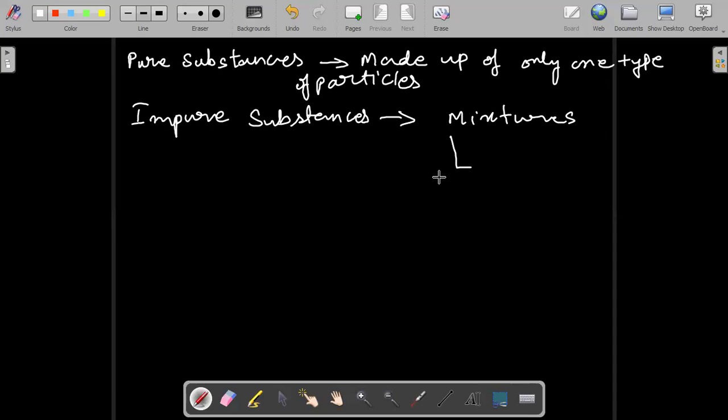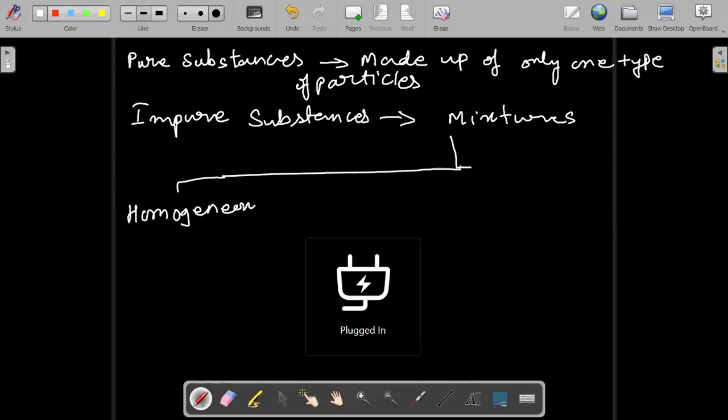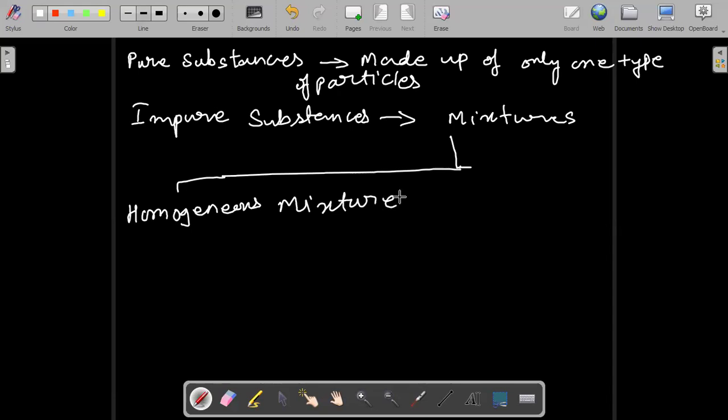So what are homogeneous mixtures? I want you to clear everything from this chapter. Yeah, Harshit. Sir, homogeneous mixtures are the mixtures in which the solute is dissolved completely in the solvent. What do you mean by completely dissolved?